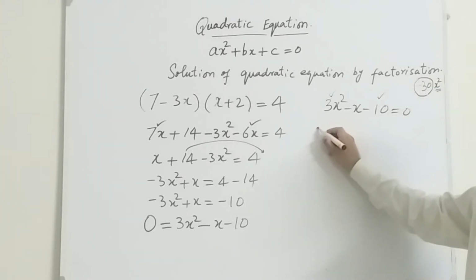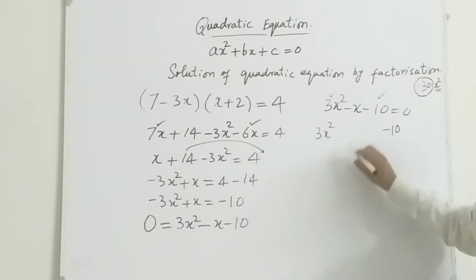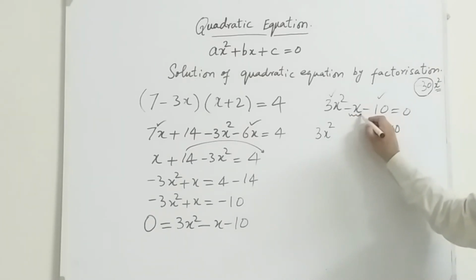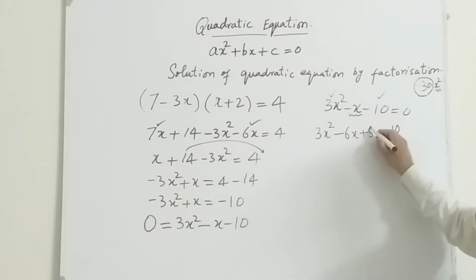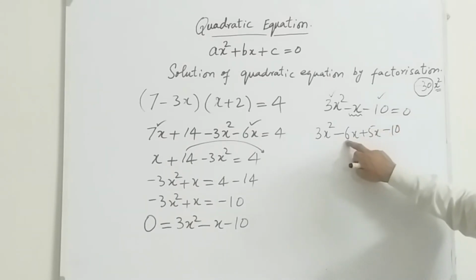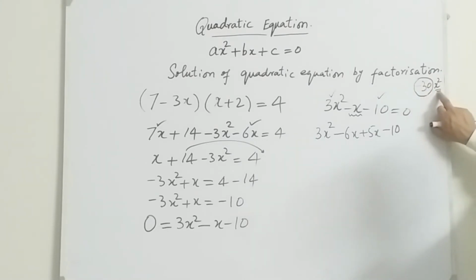Therefore, we will write the first and last terms as they are, and for breaking the middle term, we will use those two factors, negative 6x plus 5x, because we will have to find the two factors whose product is negative 30x square.